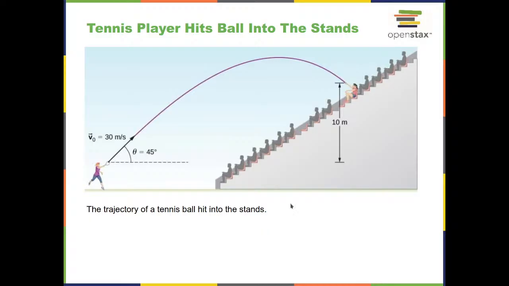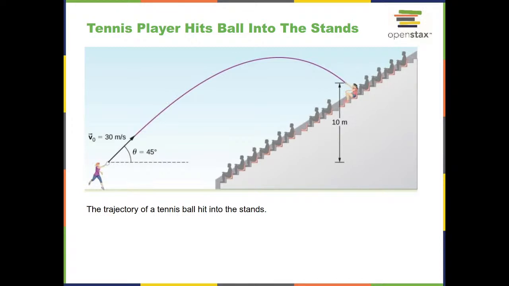So let's start with that problem here. For example, we have a tennis player who hits a ball into the stands at 30 meters per second at an angle of 45 degrees. And the question is, at what time does the spectator here catch the ball when we know that the spectator is sitting 10 meters high above the ground?